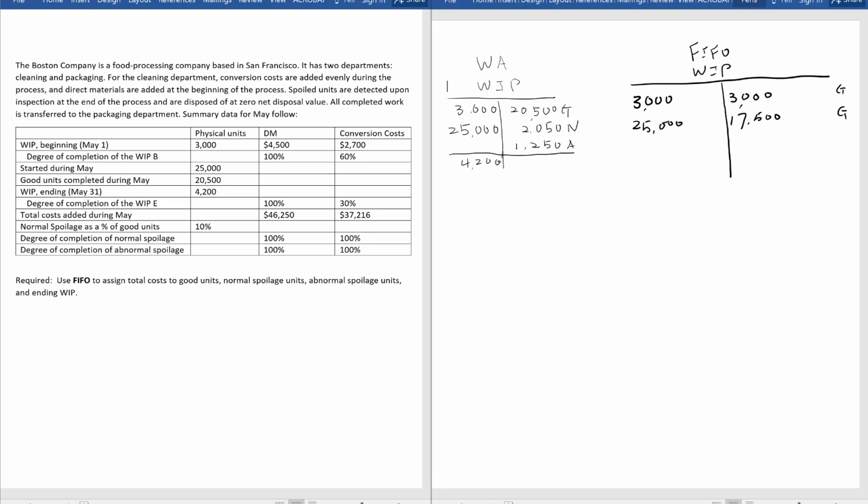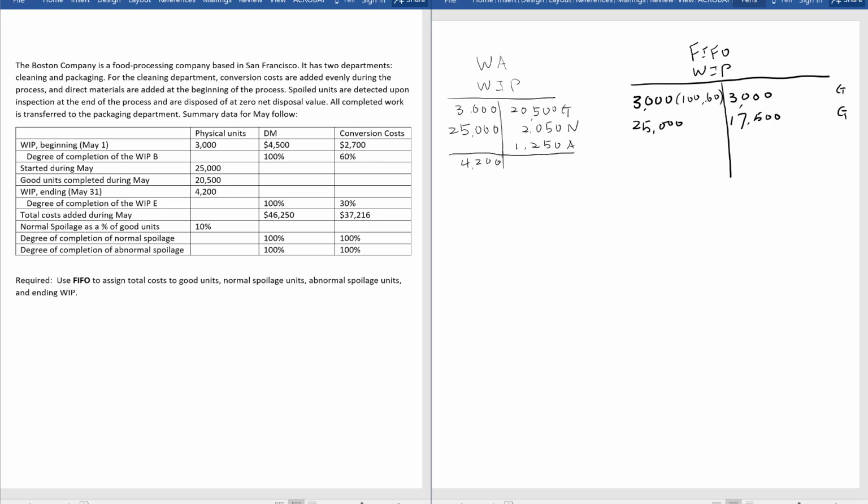These two batches of good units use different percentages of May's resources. The 3,000 units were started last period and were 100% direct material completed and 60% conversion costs completed as of May 1st.